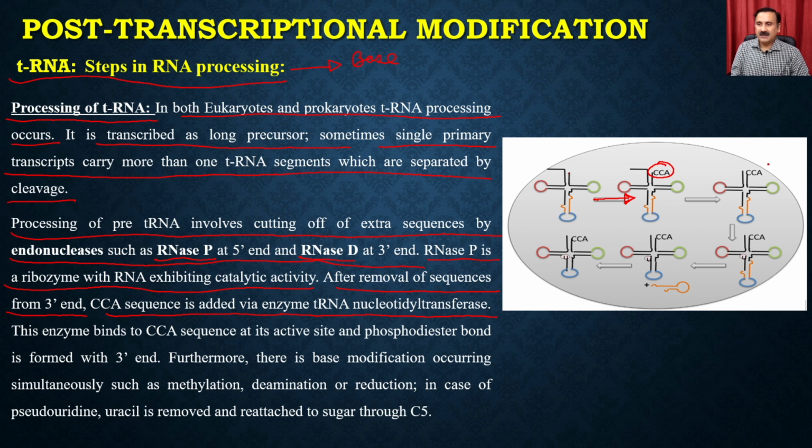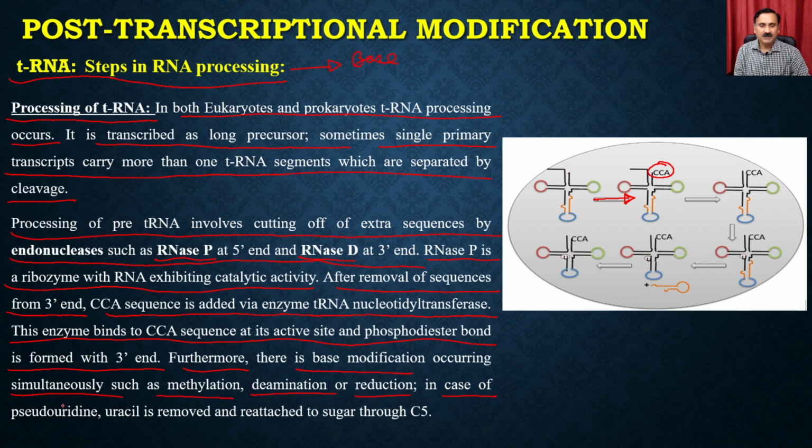Now the 3' end is over, right? This enzyme binds to the CCA sequence at its active site and a phosphodiester bond is formed with the 3' end. Furthermore, there are base modifications occurring simultaneously, such as methylations, deaminations or reduction.